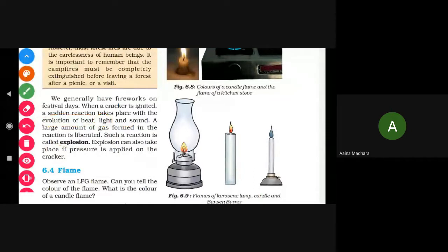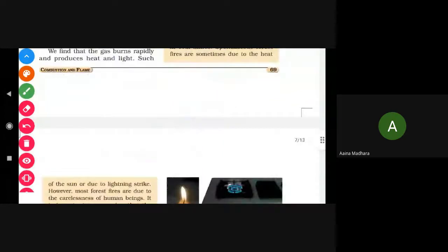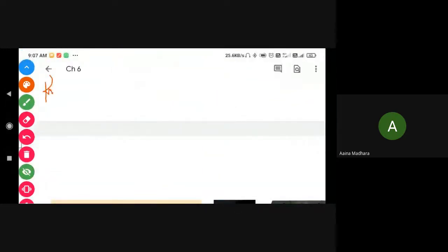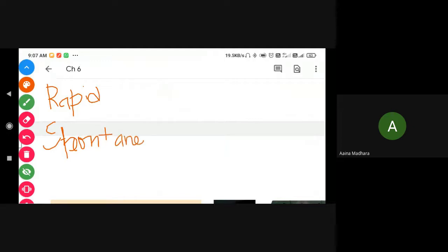Yes or no? Can I have an answer? So what did we do right now? How many types of combustion are there? Three. Rapid combustion, spontaneous combustion, and name the third one.